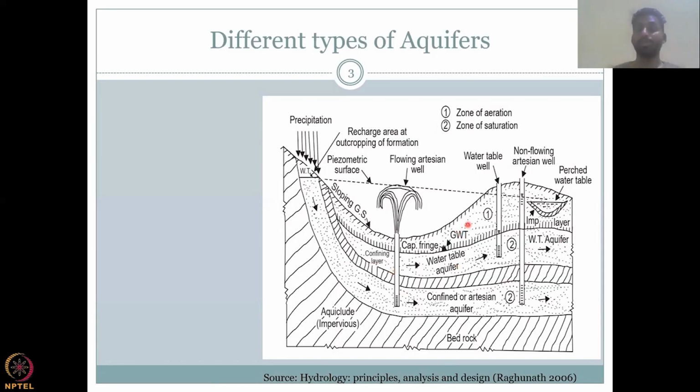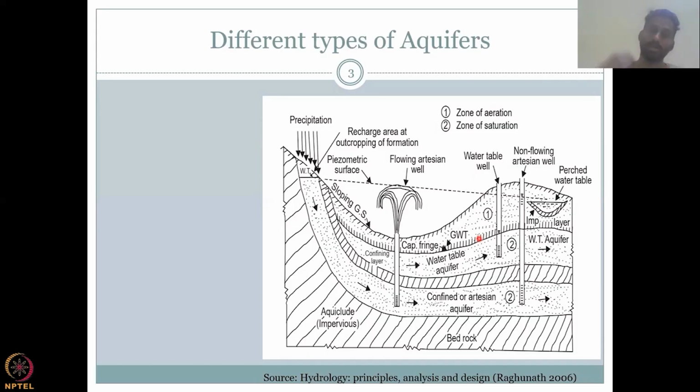When you move up further, this is the last layer before you come out of the ground, above the ground level. You have another soil zone where a lot of root zone activity occurs, where trees, plants and animals live, and those layers have a lot of pore spaces, but the pore space also has some air and some water.